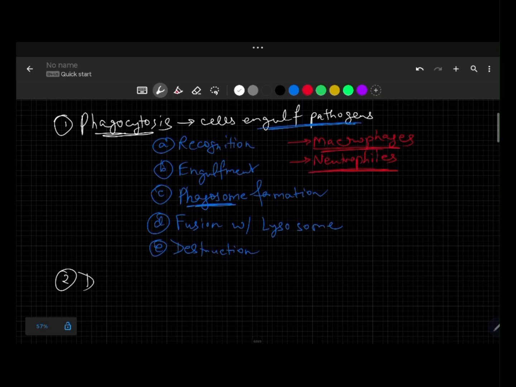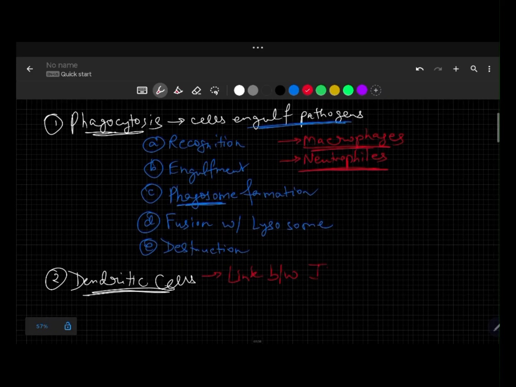Okay, so the next important cells we will study are the dendritic cells. These are very important cells as they are the link between innate and adaptive immunity.